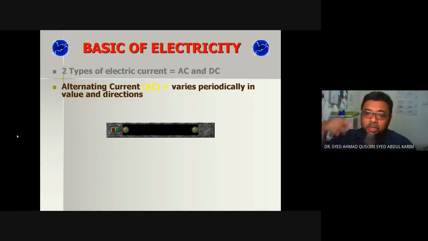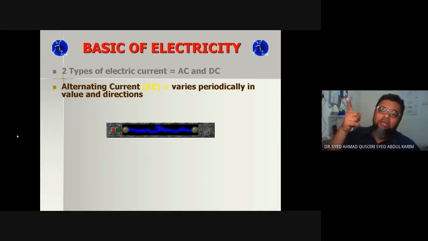Meaning the flow of electrons either flows both ways, that is the alternating current. It flows one way and then it reverses back to the other way and goes back to the original way, so they alternate. Or the direct current, where the electron flows in one way. It does not flow back.